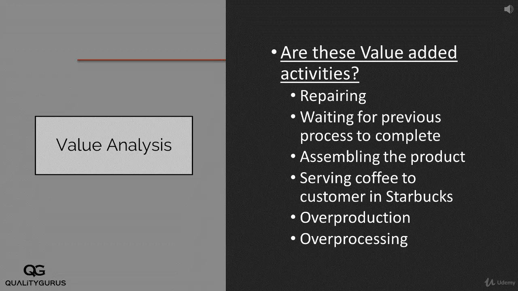Some might say that's delighting the customer, but I would say over-processing could be considered delighting the customer as long as the customer is concerned about that. If you do something above and beyond what the customer is looking for and the customer appreciates that, then that's fine, that is satisfying your customer. But sometimes the customer might not even notice that you have spent so much time on doing something extra which the customer didn't need. That is called over-processing. So that also could be considered a non-value added activity.